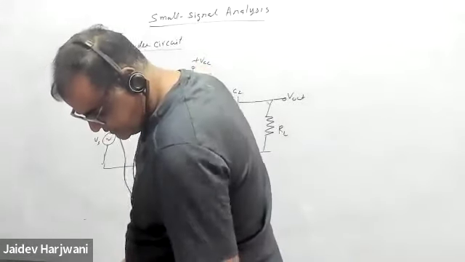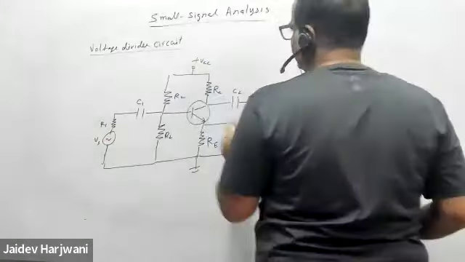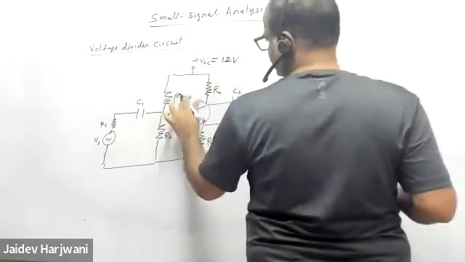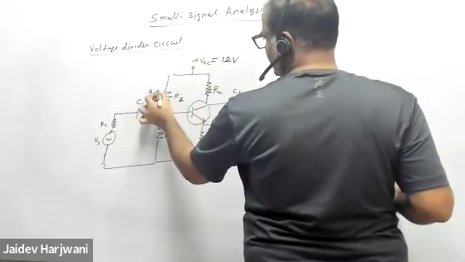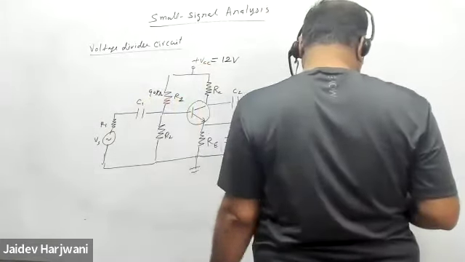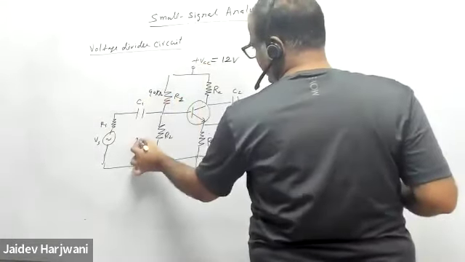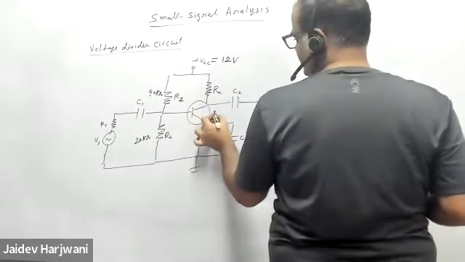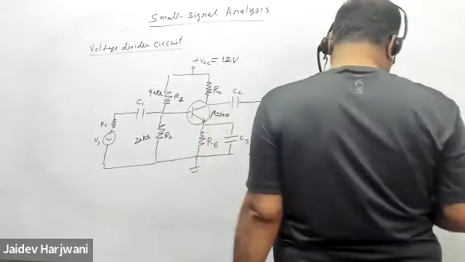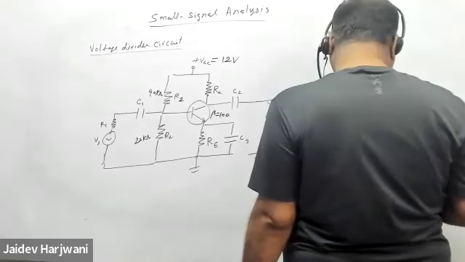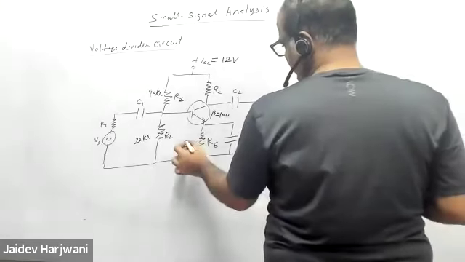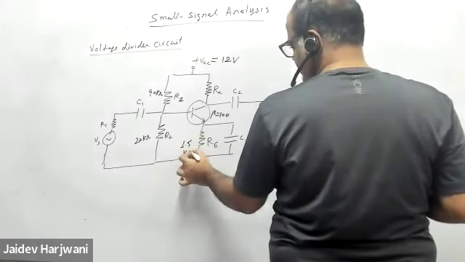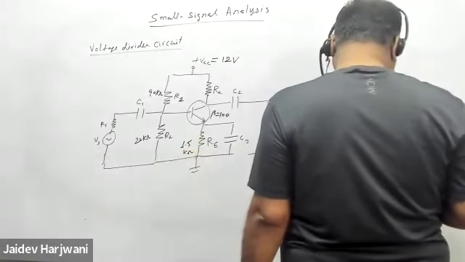Say VCC is 12 volt, R1 is 90 kilo ohm, R2 is 22 kilo ohm, beta is given as 100, and RE is 1.5 kilo ohm.